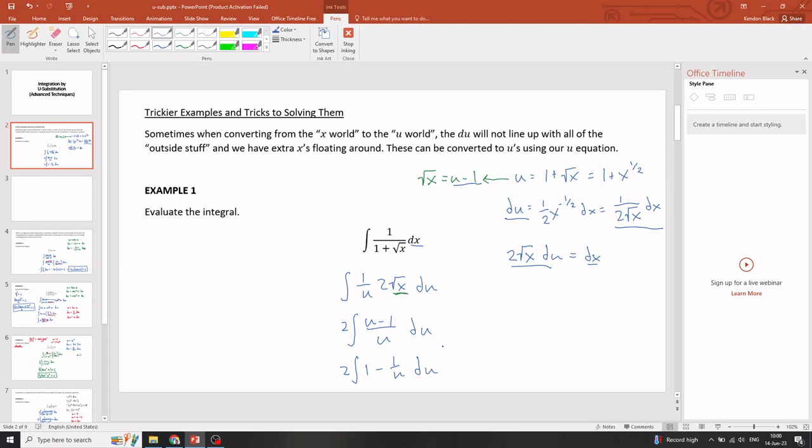Okay, now we can go ahead and take the antiderivative. So we're going to have 2 times: the antiderivative of 1 in terms of u is going to be u, and the antiderivative of 1 over u is ln absolute value of u.